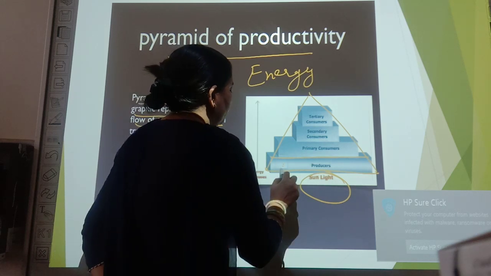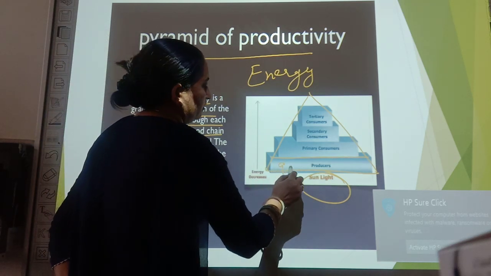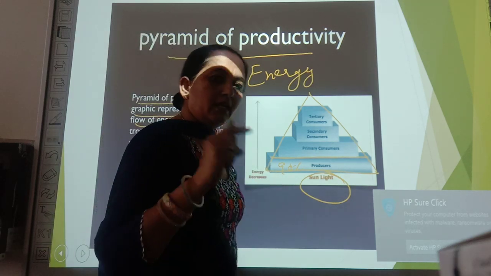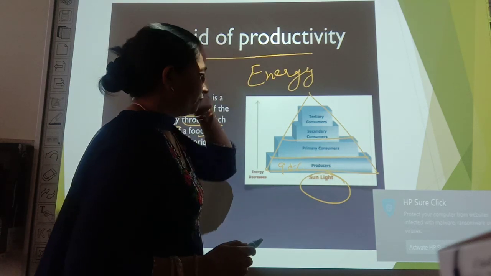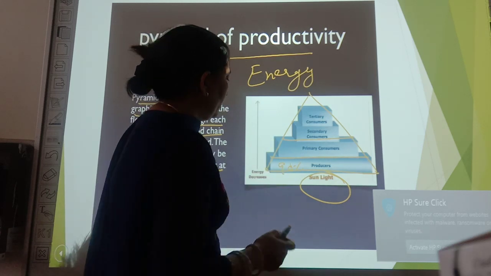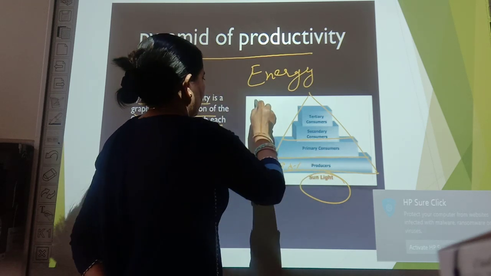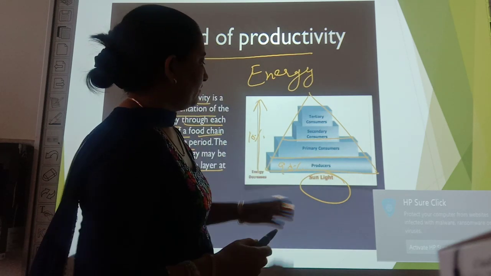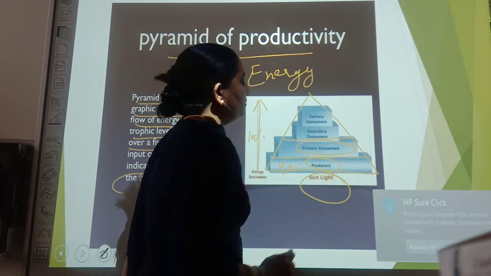So 90% of the energy is used by the producers for their other activities, and the energy is passed to the herbivores, which take the energy from the producers, and this energy is only 10%. Only 10% of energy is given to the next level, so here energy is always less than that of the producer.